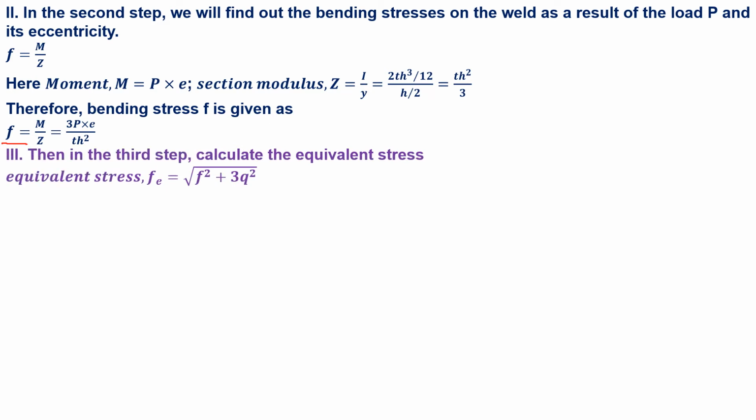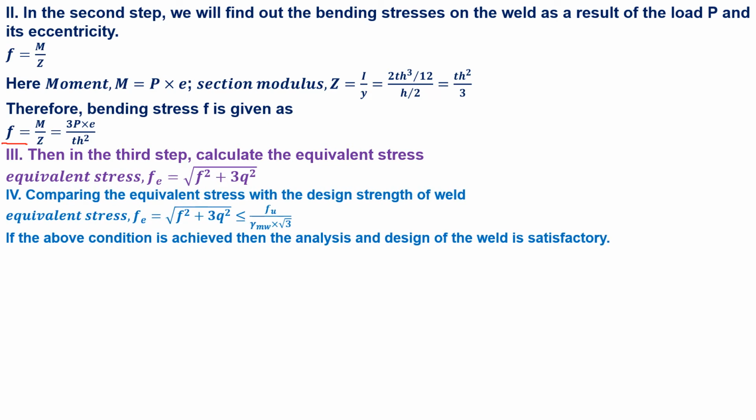In the third step, equivalent stress Fe equals the square root of F square plus 3 Q square, where F is the bending stress and Q is the direct shearing stress.